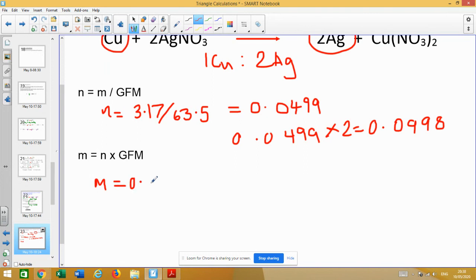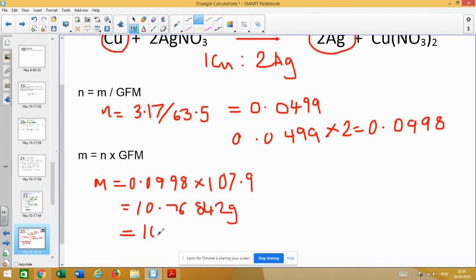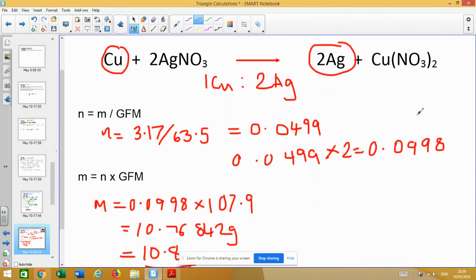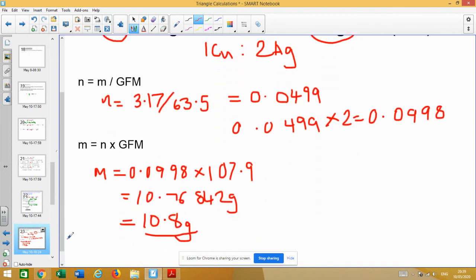So we've got 0.0998 times the GFM of silver, which again, silver's a metal, so it's just straight from your data booklet, 107.9. That gives us 10.7682 grams, which we would then round at this point to 10.8 grams of silver. So it asked us to calculate the mass of silver which would be produced, and we found it to be 10.8 grams.